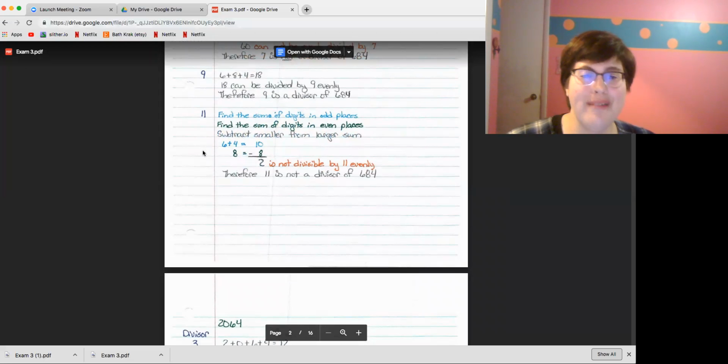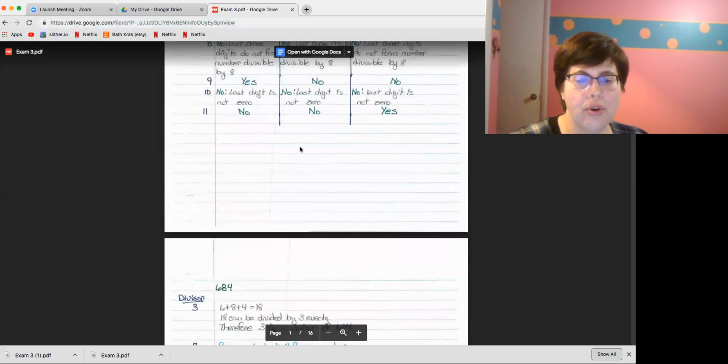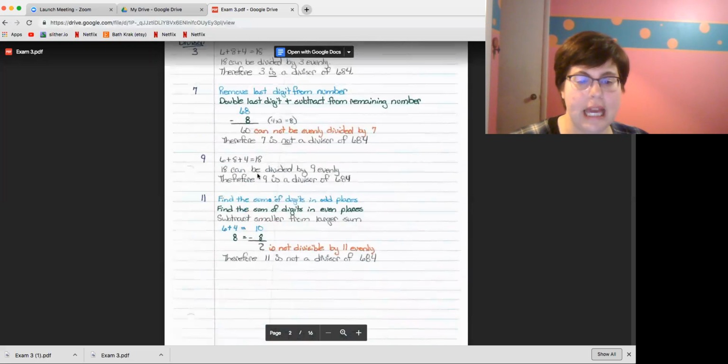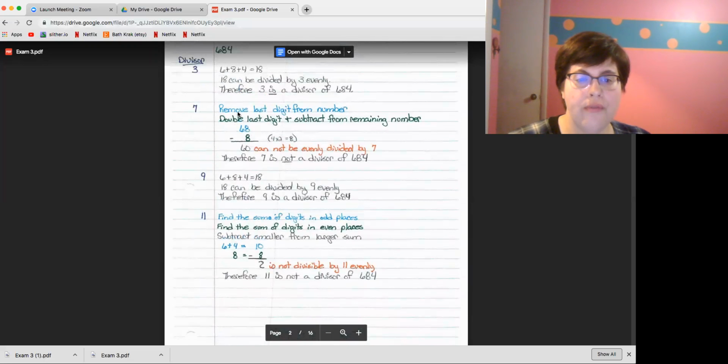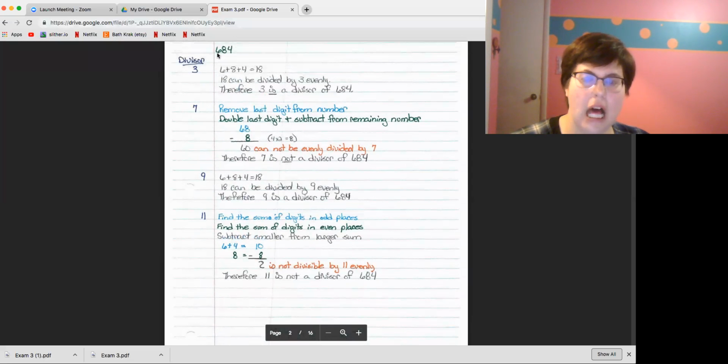Divisibility rule of 11, that's a tongue twister. Find the sums of digits in odd places. So what you see is 684. 4 is in the first place, so that's odd. 8 is in the second place, so that's considered even. And 6 is in the third place, that's odd.